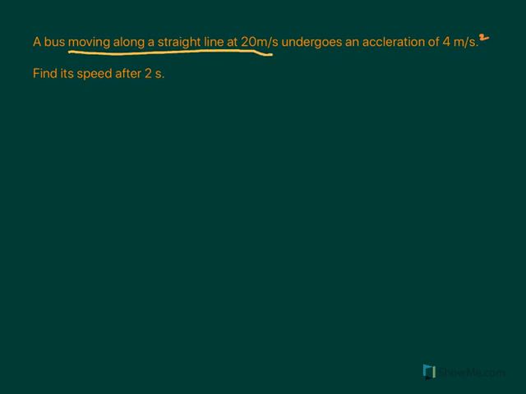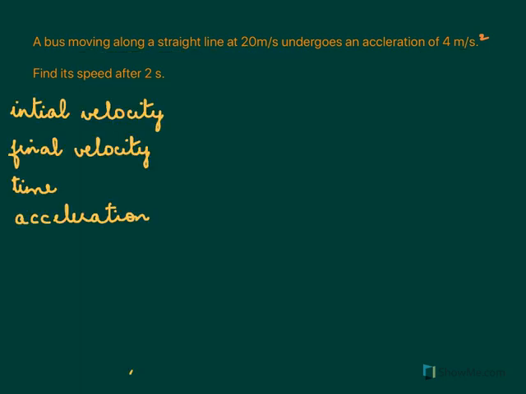A bus moving along a straight line at 20 meter per second undergoes an acceleration of 4 meter per second square. Find its speed after 2 seconds. So a bus moving along a straight line at a speed 20 meter per second. So this is the bus initial velocity. We'll put here u equal to 20 meter per second.